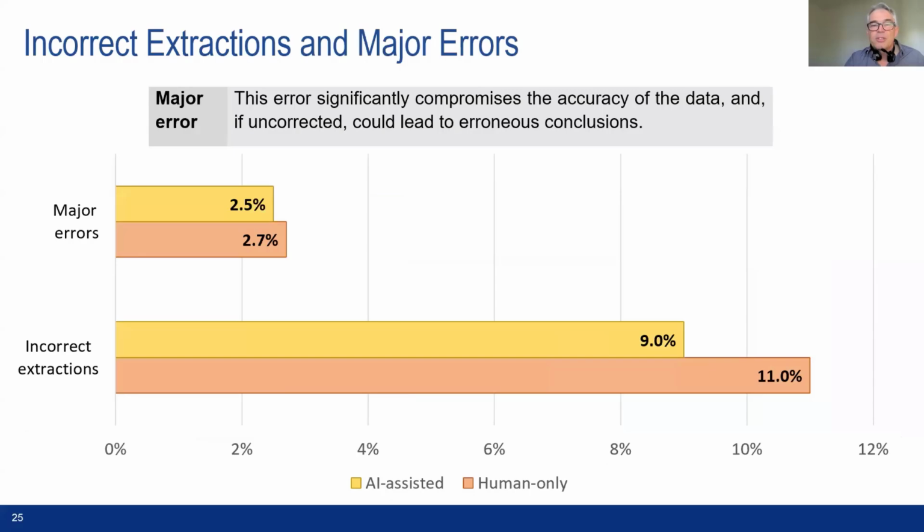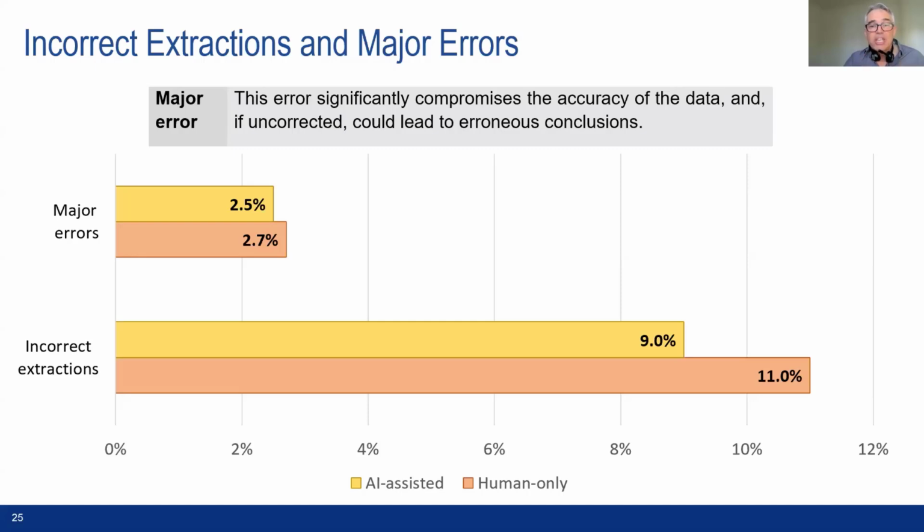It's also really interesting to look at the proportion of errors that the 2 teams made. In this slide, we distinguish between major errors, so errors that are serious enough to potentially lead to incorrect conclusions, and then any incorrect data extractions.